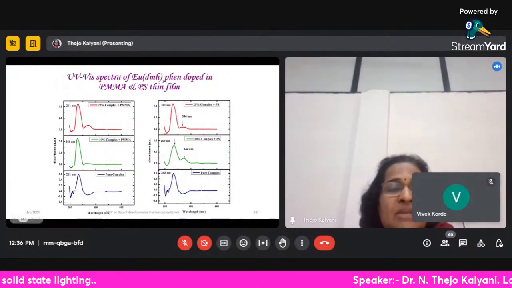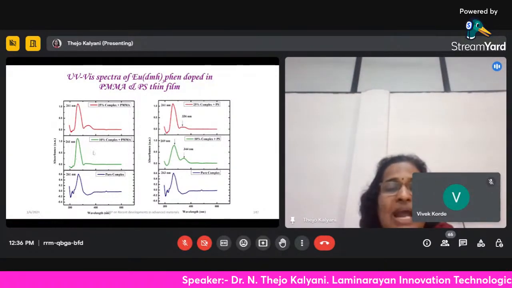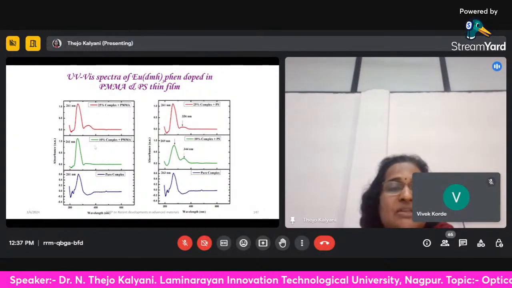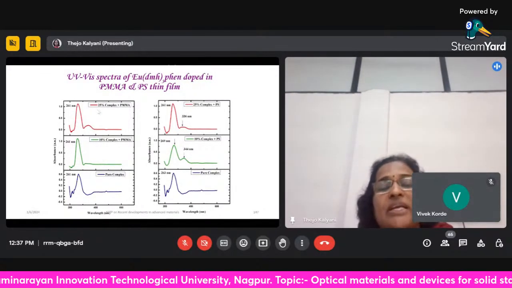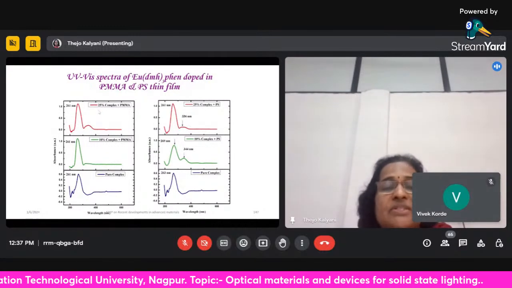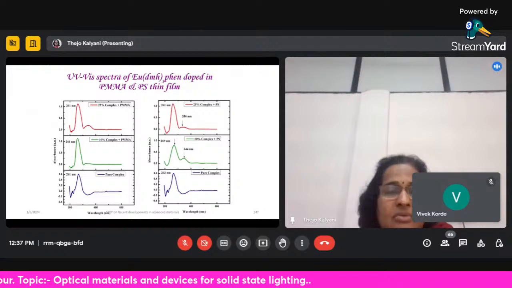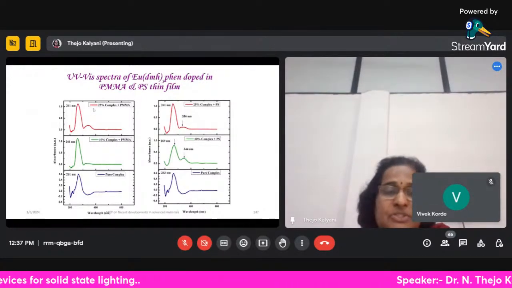The intensity was around 0.6 for the pure complex, and when we added PMMA at 10 weight percent, the intensity increased with the concentration. But if you increase the concentration beyond 25%, we saw that quenching is happening, so we stopped the preparation of the films at 25%.